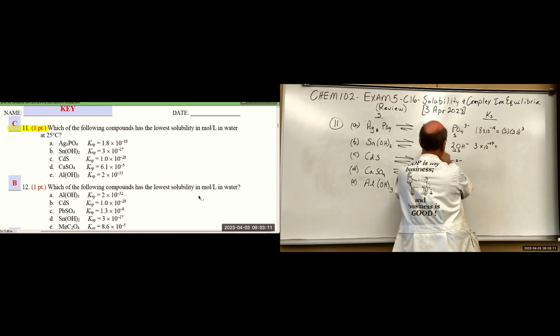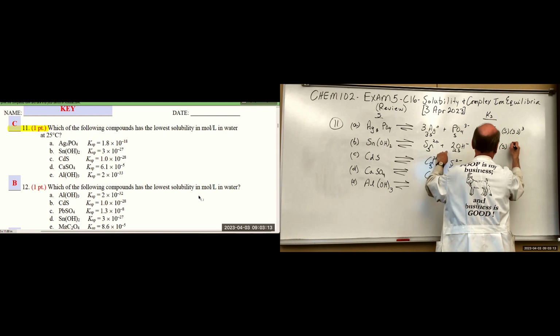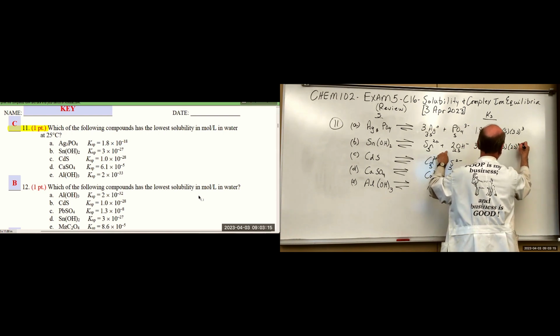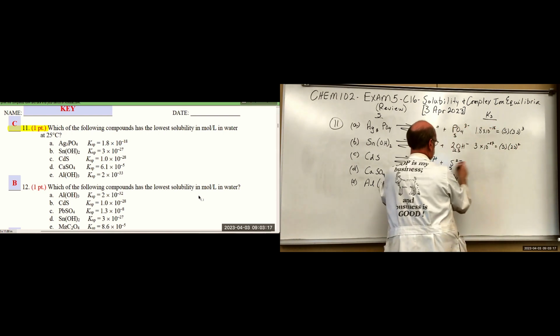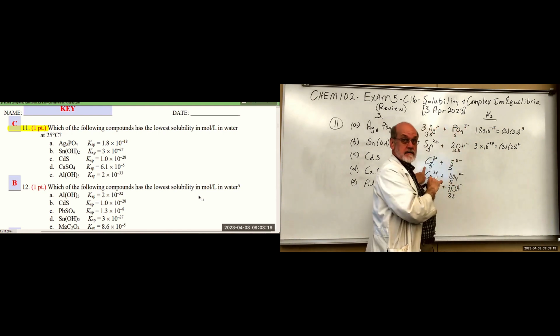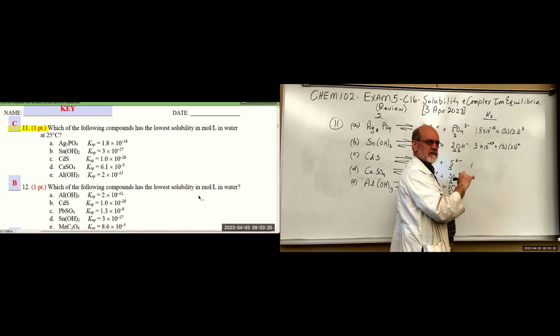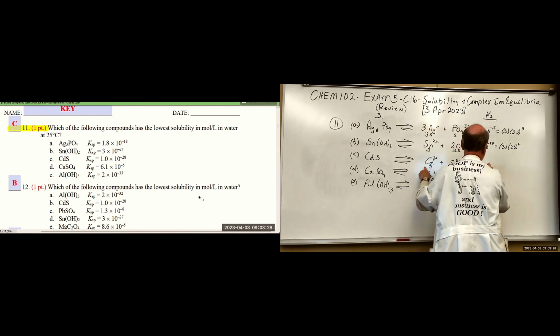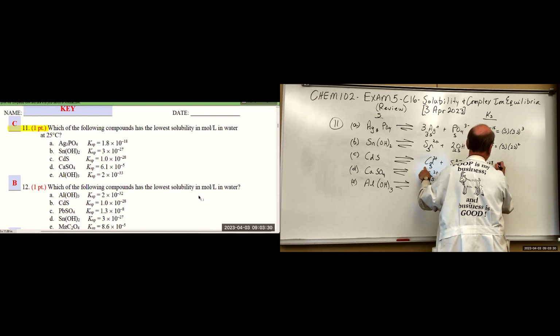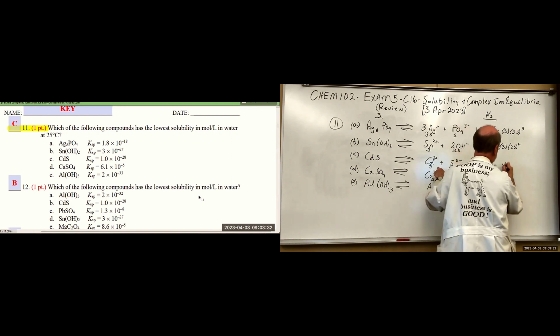And this is going to be an s and a 2s squared. This is going to be 10 to the minus 28, 1.0 times 10 to the minus 28. This is going to be just an s and an s.